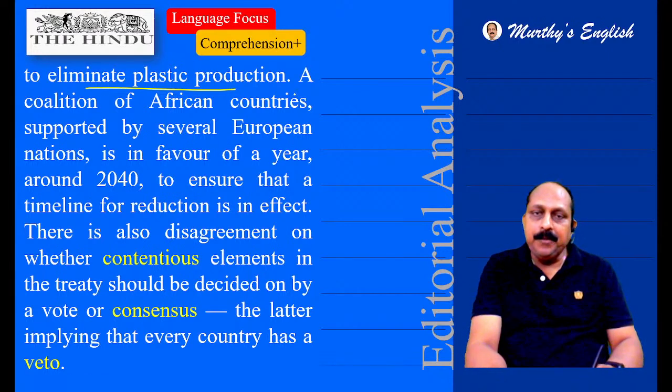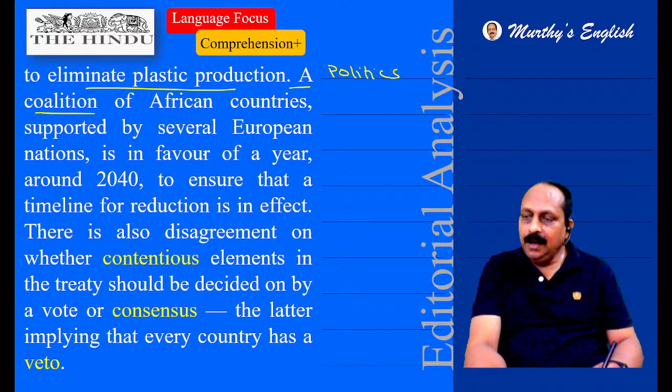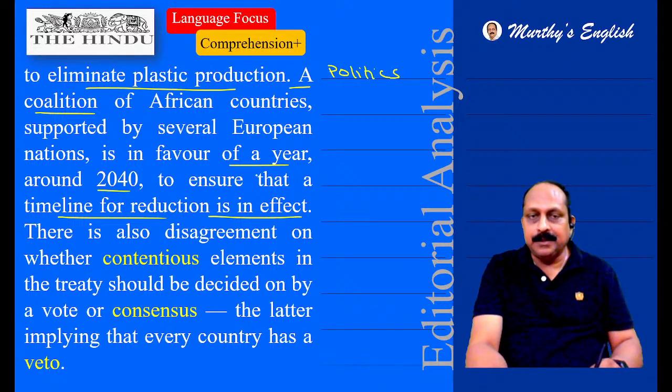A coalition of African countries. Coalition usually goes with politics, political parties. But here, countries. A coalition of African countries supported by several European nations is in favor of a year around 2040 to ensure that a timeline for reduction is in effect. They want to take one more year to finalize.